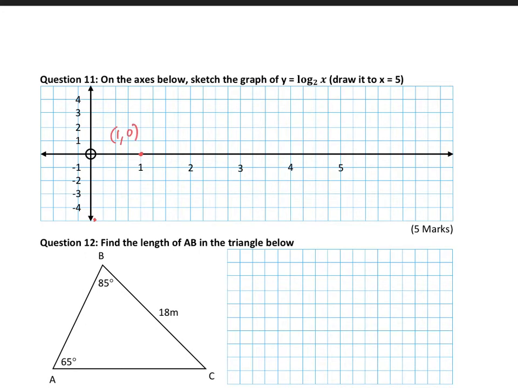The next point, you shouldn't actually need your calculator for this, but if my number of interest is 2 and my base is 2, what power do I raise the base of 2 to get 2? It's going to be 1, but I'll check anyway. No, number of interest is 2 this time, sorry, my bad. I just did the number of interest is 1. This should be at 1.